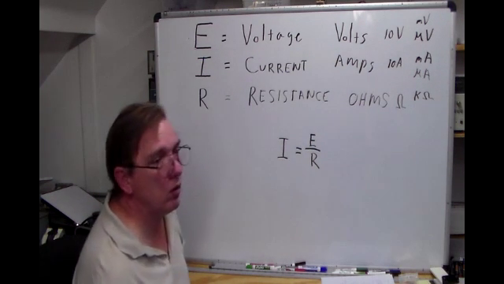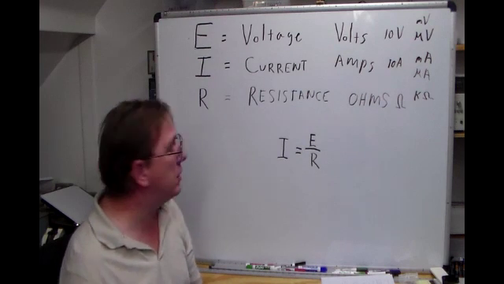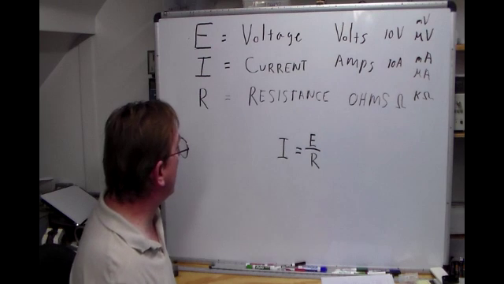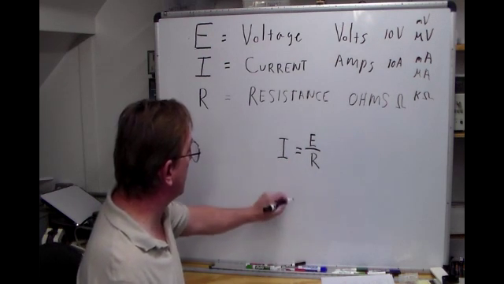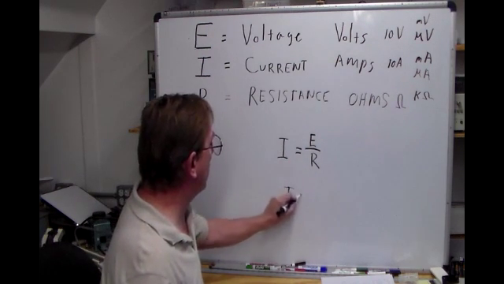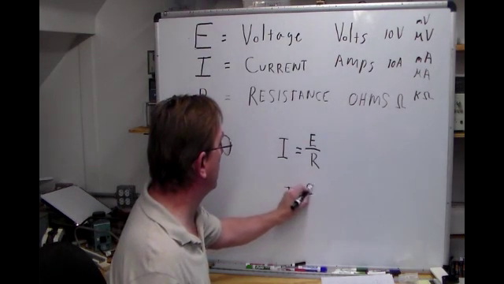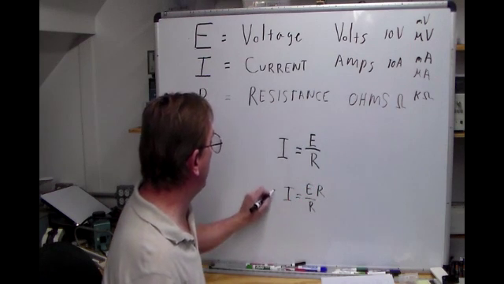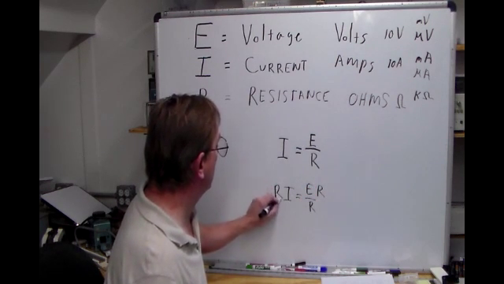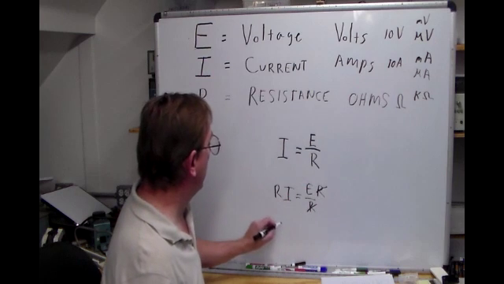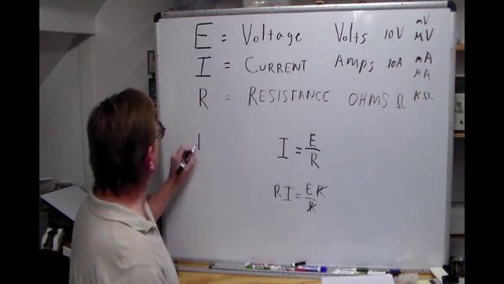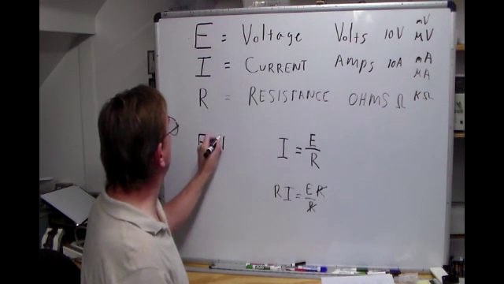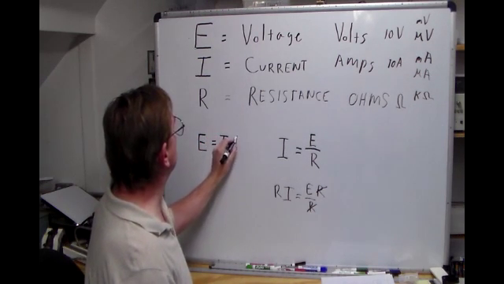Now, what I like to do to remember it, to this day, I've been at this for 30 years plus, to remember Ohm's law, I multiply both sides by R. So I go like this: the current equals the voltage over the resistance. I multiply both sides by R. I cancel, and I end up with the voltage equals the current times the resistance.